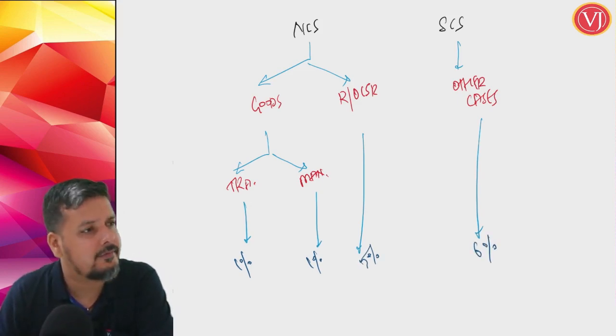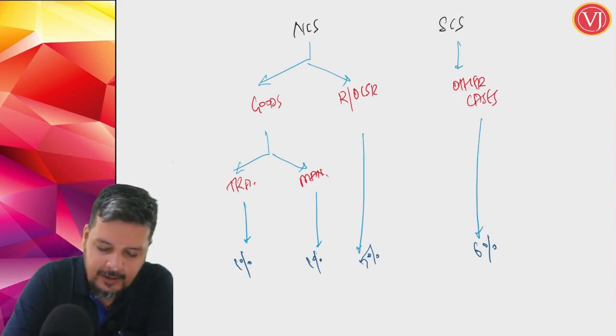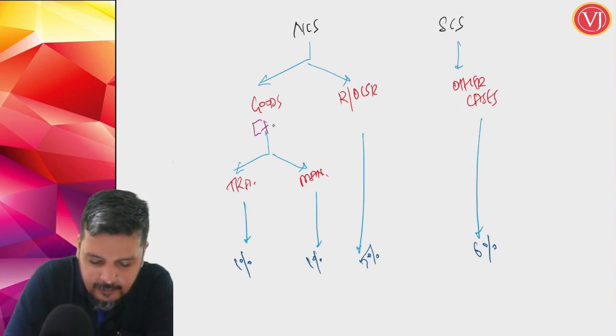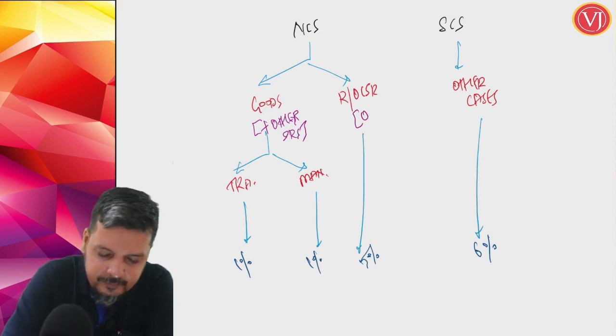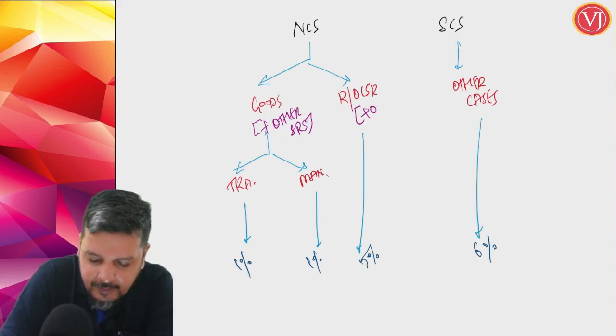Clear? And when I tell goods, it can have other services, so the same rate will apply. Correct? When I tell restaurant sector, you can have restaurant with other services, correct? But within the limit. That other services will be within the limit.